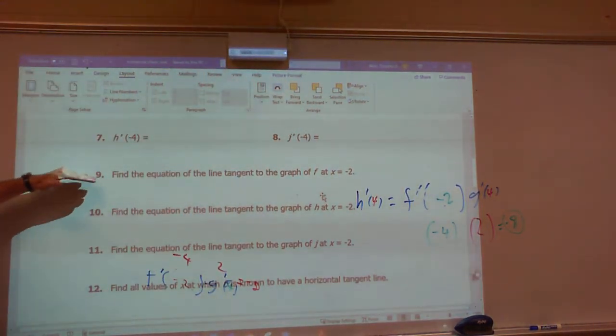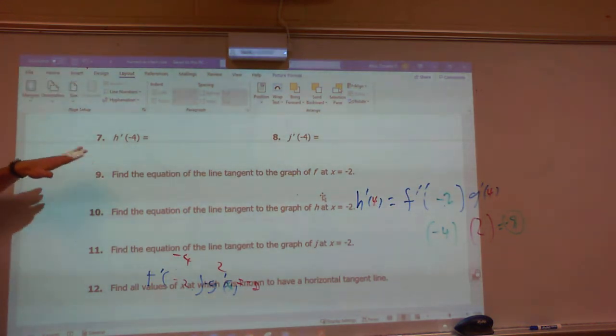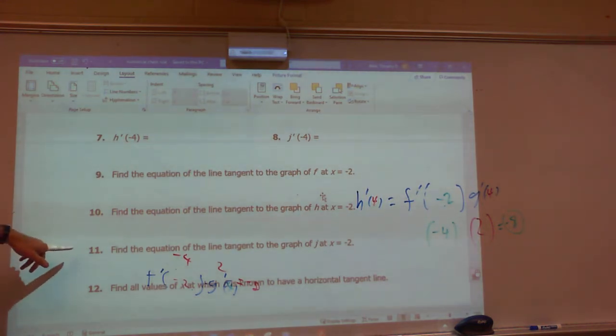But I want to talk about question 9. This is a pretty common thing to ask given this information, so I want to make sure we can approach this.